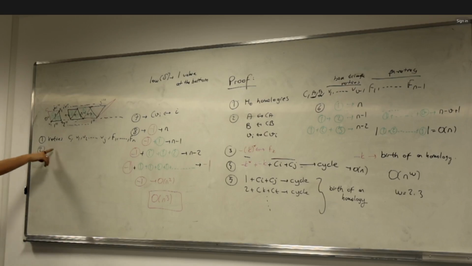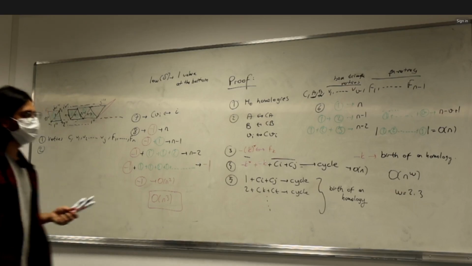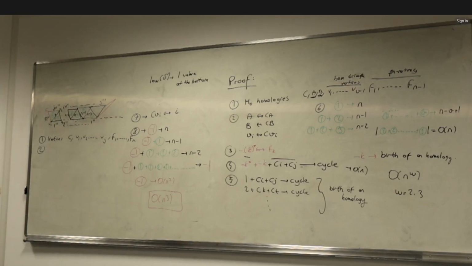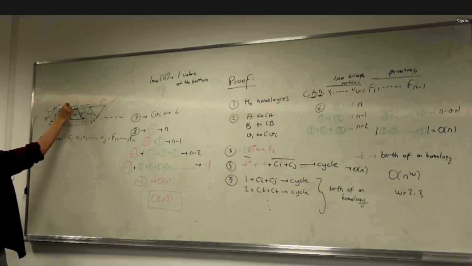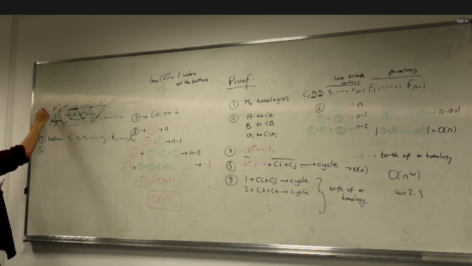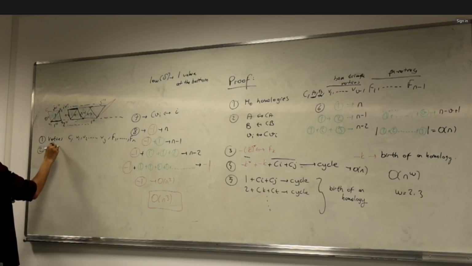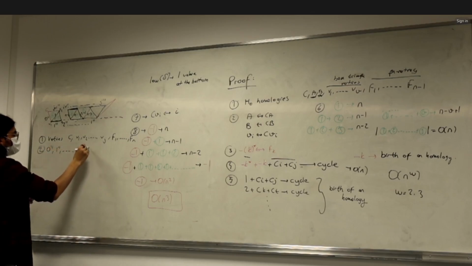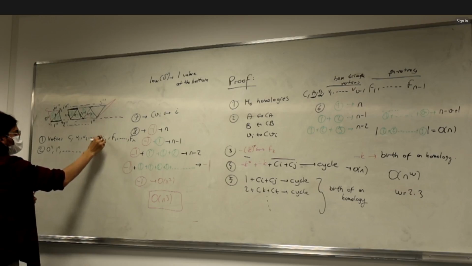Then, just like Morozov, we start adding these edges at the top and bottom. These are included. 0 bar, 1 bar, 2 bar, 3 bar.